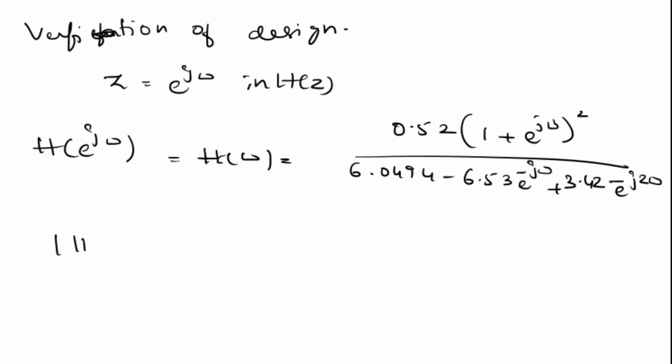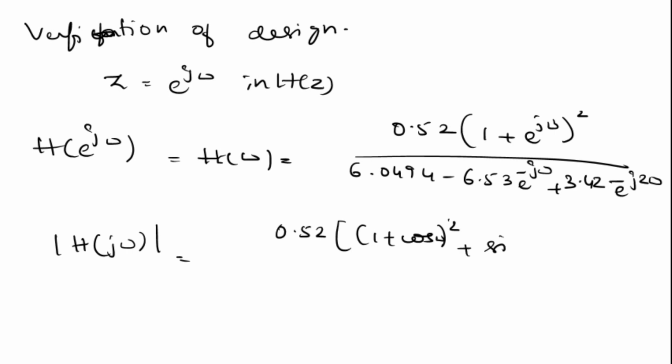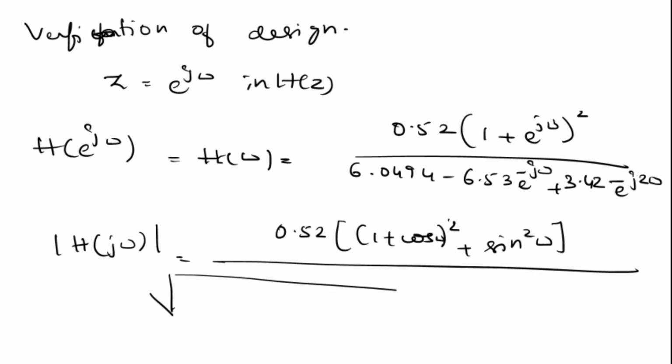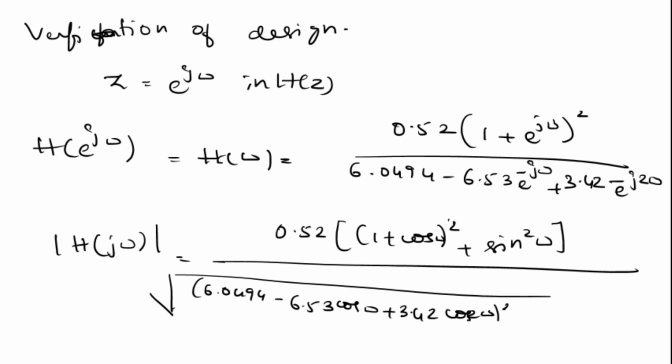Or magnitude of h of j omega is equal to 0.52 into [(1 plus cos omega) whole square plus sin square omega] divided by root of [(6.0494 minus 6.53 cos omega plus 3.42 cos 2 omega) whole square plus (6.53 sin omega minus 3.42 sin 2 omega) whole square].